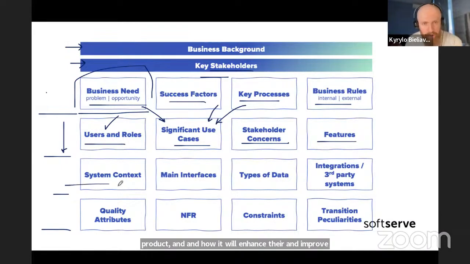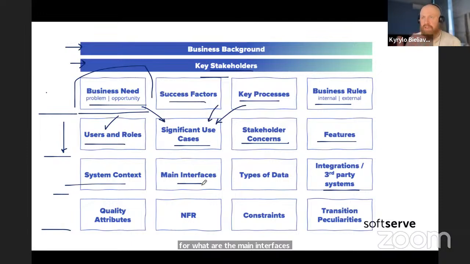Then we also need to understand the system context, like whether we have any other systems or third-party solutions that we need to integrate with, or any other IT solutions that we will take data from, or need to produce data for. What are the main interfaces? How will we communicate this data outside of our system?